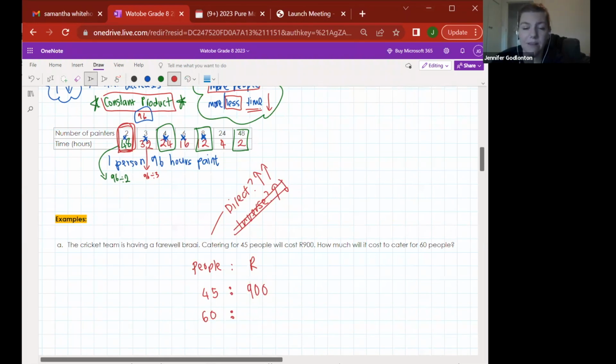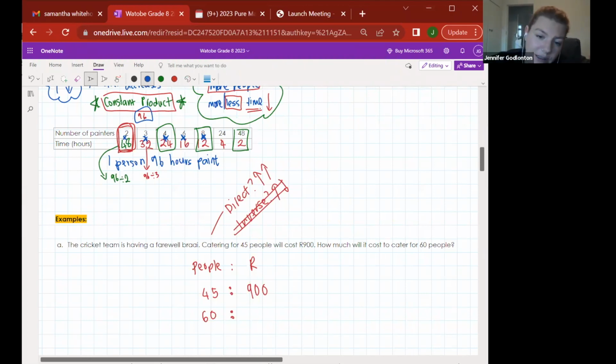Lots of different ways you could go about this. You can first simplify, but the quickest way is our sneaky little method called divide up times over, which I'm going to talk to you about here, because then you can use that method with the next questions we work through.